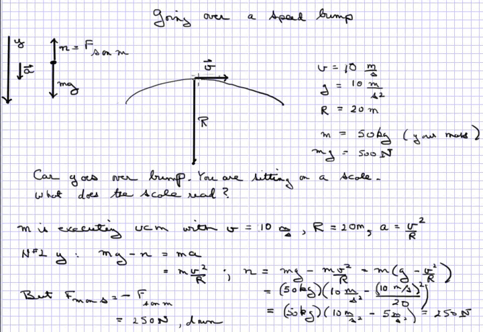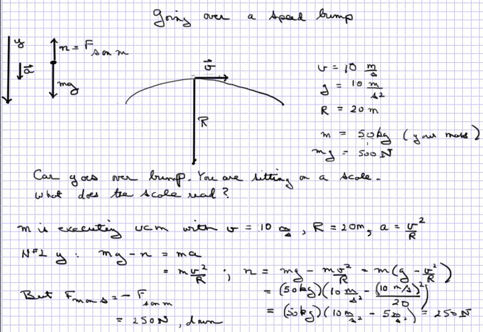instant of time. And let's imagine that you were going at 10 meters per second, and that we take g to be 10 meters per second squared, that the radius of the speed bump is 20 meters, and that your mass is 50 kilograms.